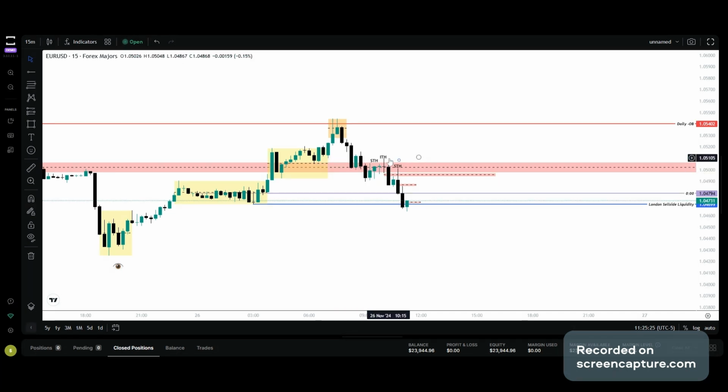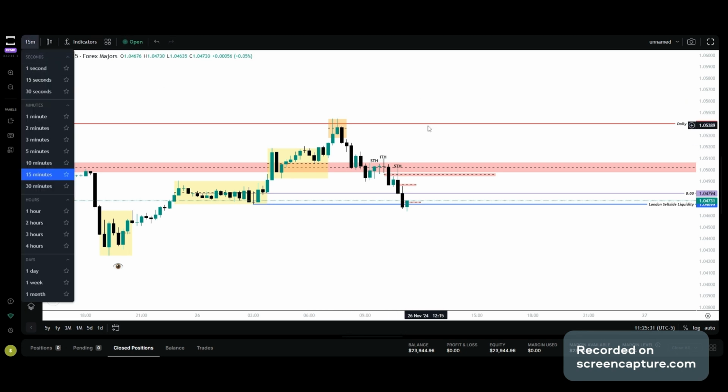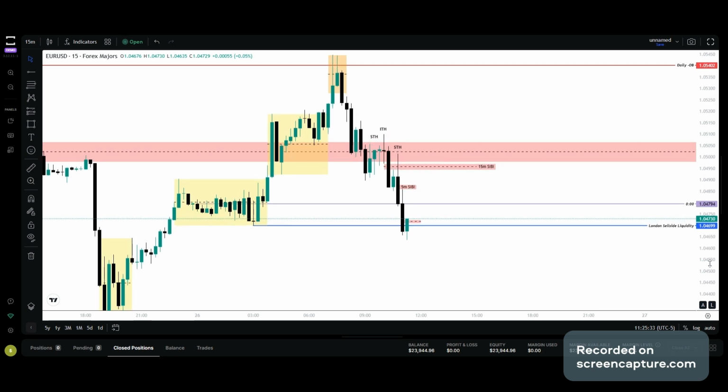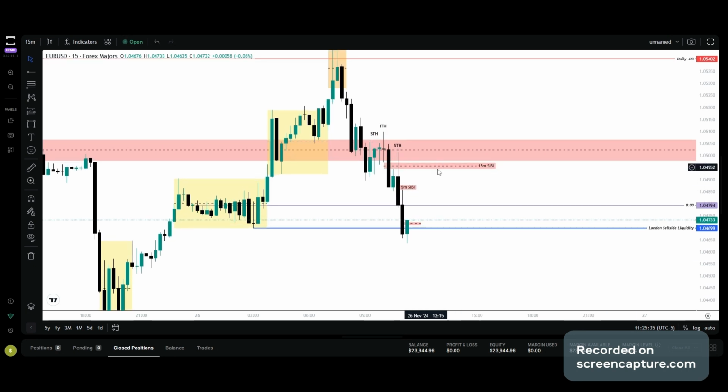We come back up here, form this intermediate term high, and I want to break this down on the 5-minute. But yeah, the key level here on the 15-minute is this 15-minute sell side imbalance, buy side inefficiency. So I went short right there as price ran back up into that 15-minute inefficiency. Then I put my stop above this high, well, this high right here, short-term high.